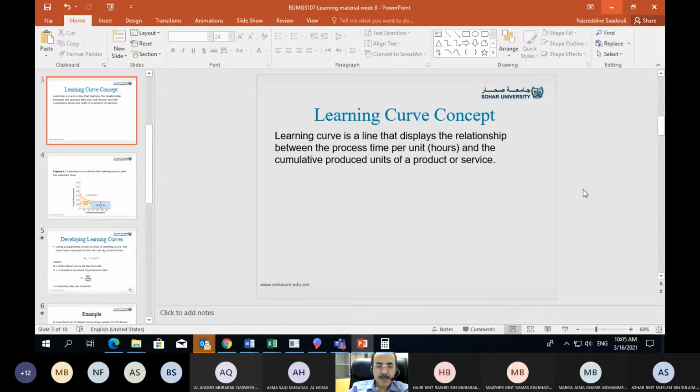Well, it means that if I carry out a certain task, for instance, assembling a product or providing a service, the first time I do this, it might take me quite some time to understand the overall aspects of the delivery of the service or the making or assembly of that product.